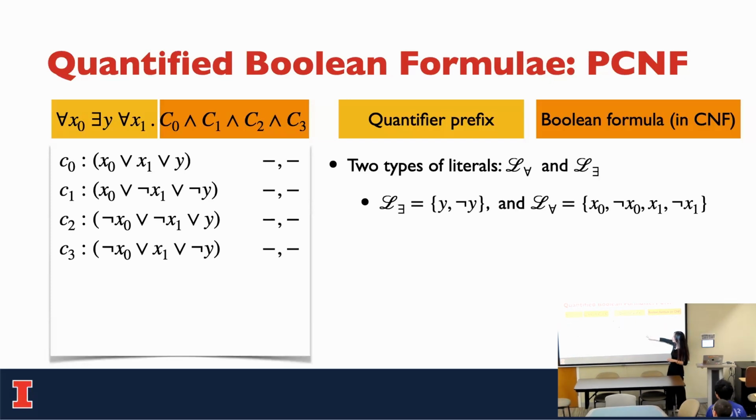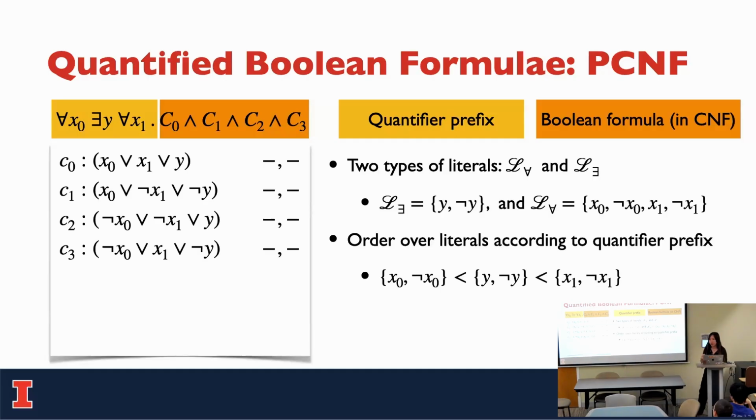So in this example, y is an existentially quantified literal, and x0 and x1 are for-all quantified literals, x0 and their negation. Okay, so this is the type of the literal. The prefix also gives an order over the variables. Because if you think about this prefix, actually it defines some dependency over the variables, right? For example, y should depend on the value of x0.